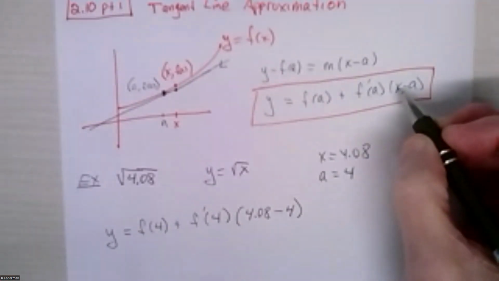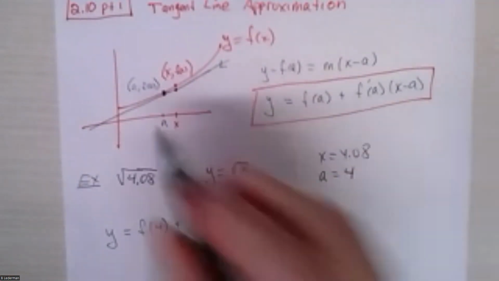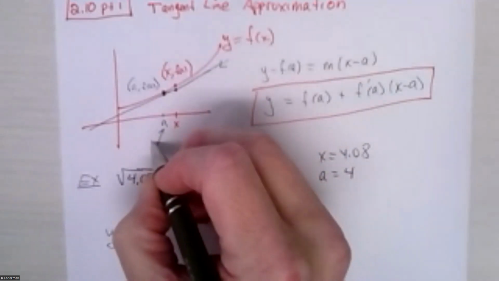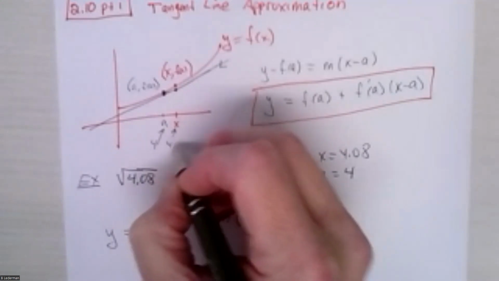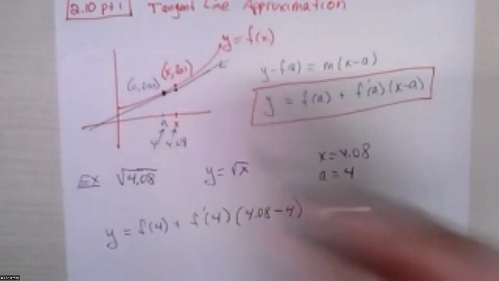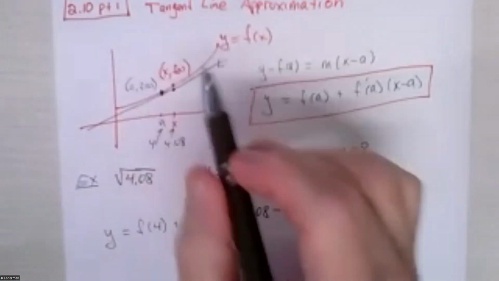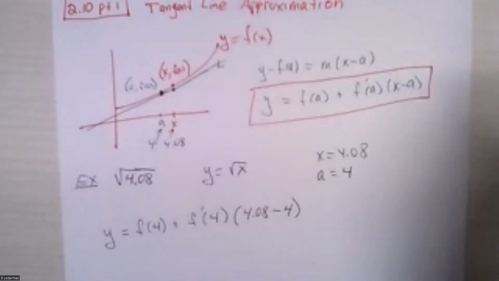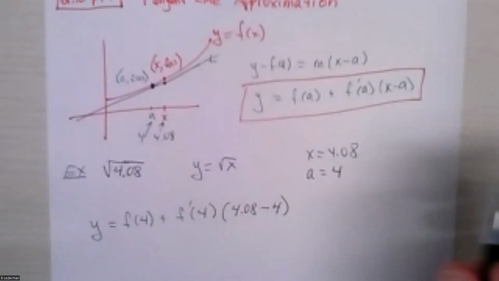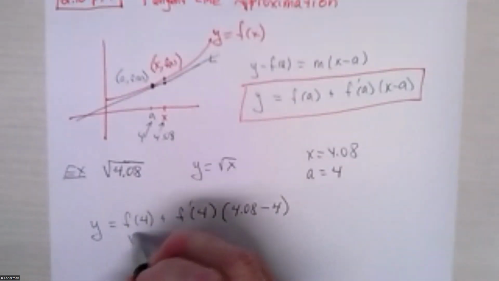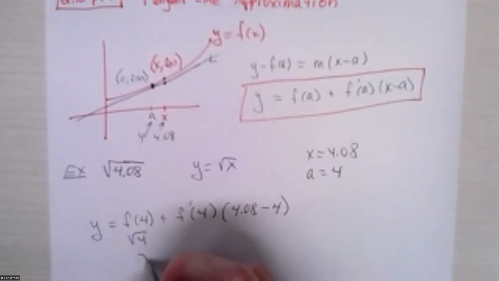Because we're dealing with a case where x is equal to 4.08. I don't know if this is what the square root curve really looks like, but anyway, I need to know, well, f of 4 is the square root of 4, which is 2. That part's easy.